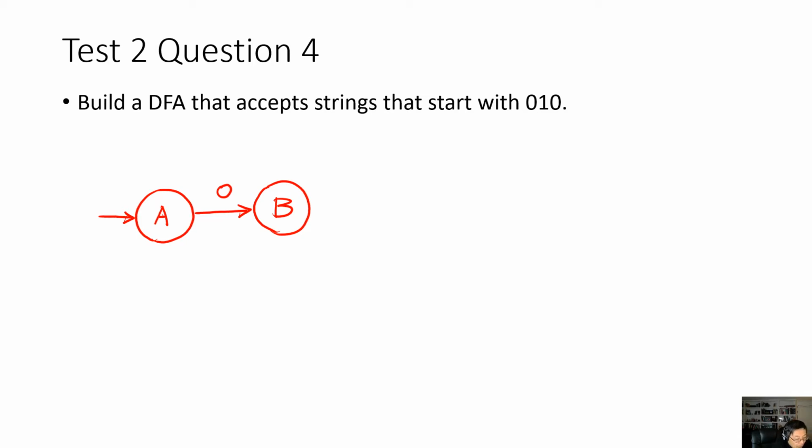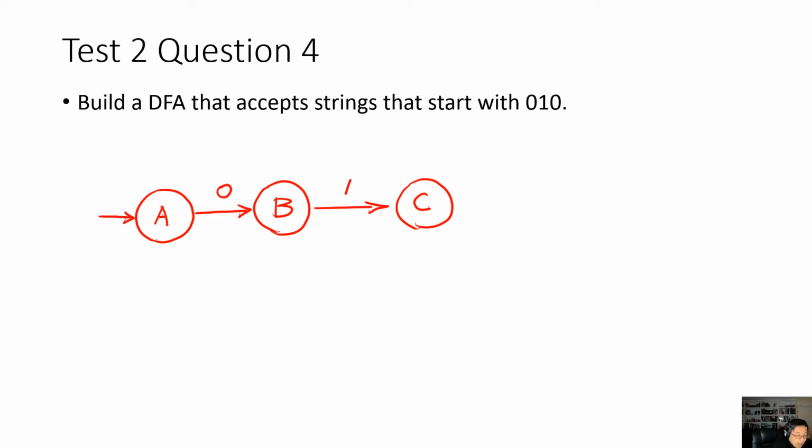Because if we successfully get the string 0, 1, 0, then we're going to accept the string. So if it's 0, we go to state B, and B is one step closer to the accepting state. Now, if we are lucky enough, we get the next input 1. This is going to get us to state C, which is even closer to the accepting state.